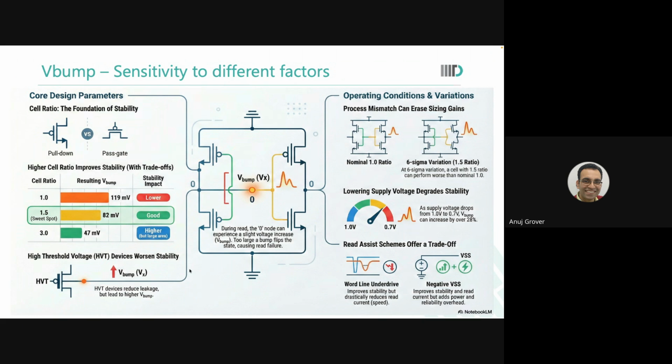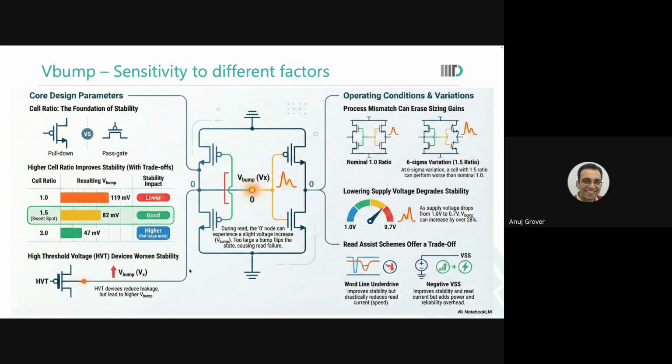We looked at wordline underdrive. What is the challenge of wordline underdrive? It degrades writability, but for the read operation itself, even if you say I will not do a wordline underdrive during write, is there no disadvantage? No, even then there is a disadvantage. As you underdrive the wordline, what happens?